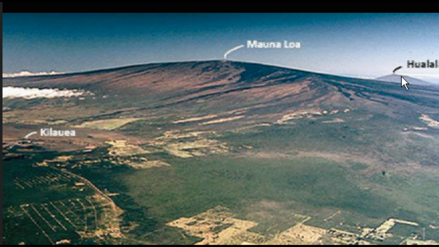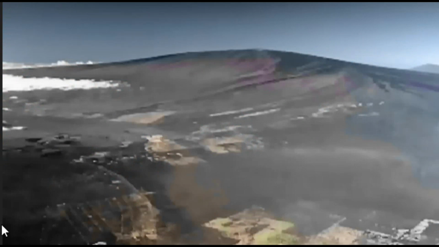Here are the three main volcanoes in Hawaii. Now you can see some of the obfuscation through here and here. But I wanted to know exactly where all the obfuscation was applied. So I worked the image, and now you can see where it's at. All through here, all around in this area, all through here, in this area.